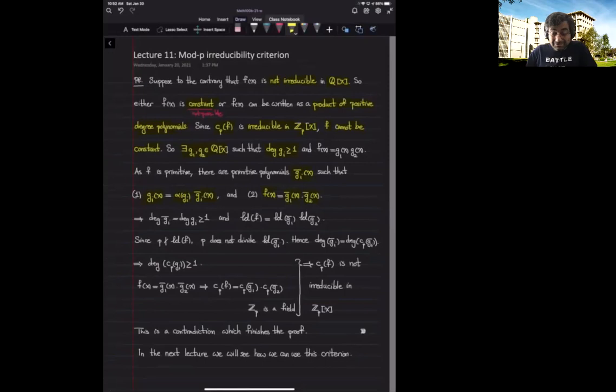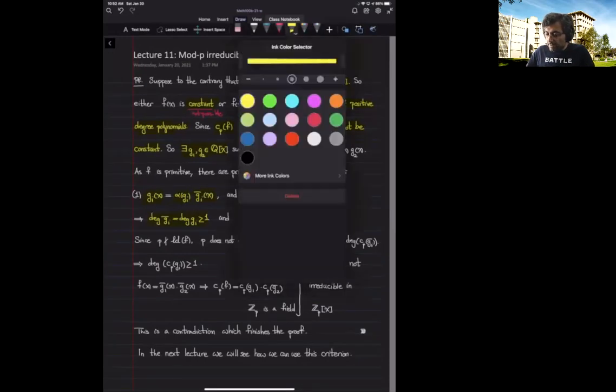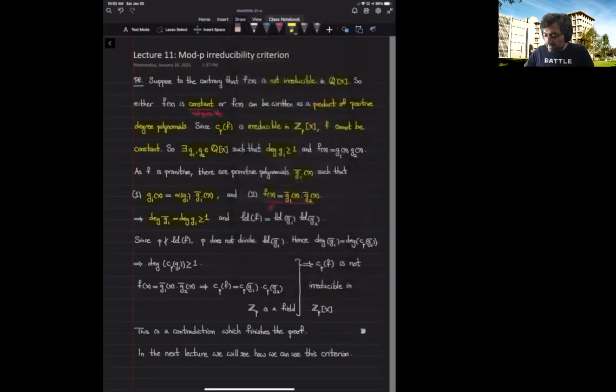The degree of G sub i bar is the same as the degree of G sub i. Moreover, from this equation, I can deduce that the leading coefficient of F is the same as the product of the leading coefficients of G sub 1 bar and G sub 2 bar.